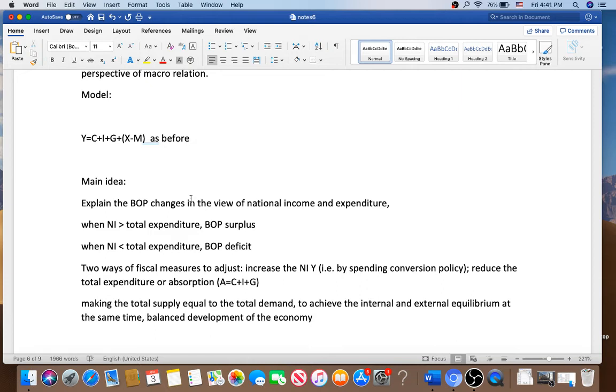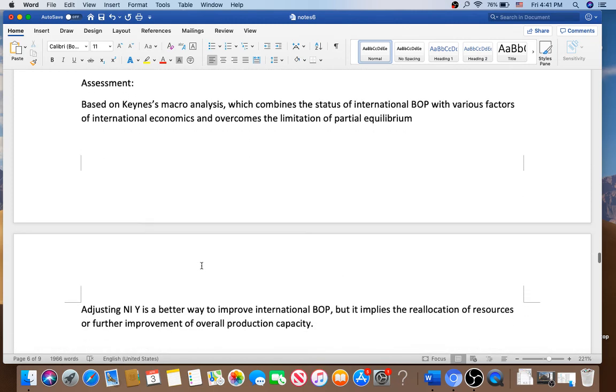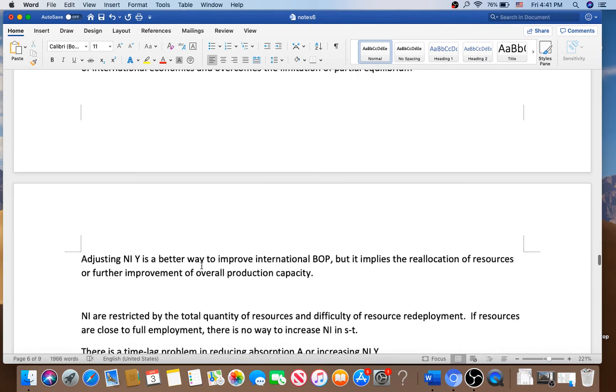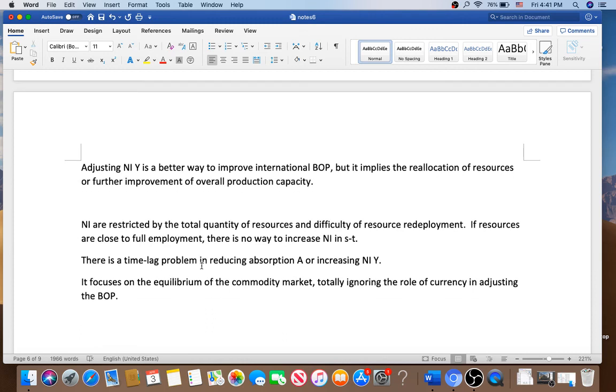And the national income is restricted by the total amount of resources, and the difficulty of resource reallocation and redeployment. If the resources are close to full employment, there is no way to increase income in the short term.